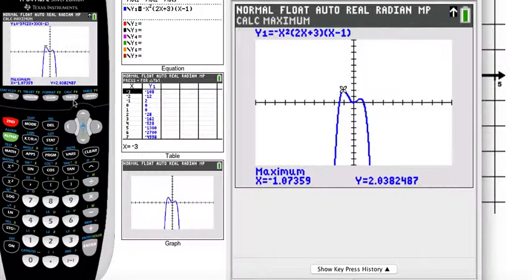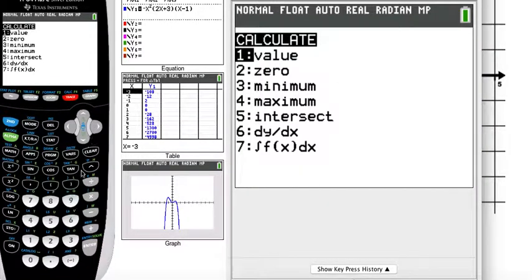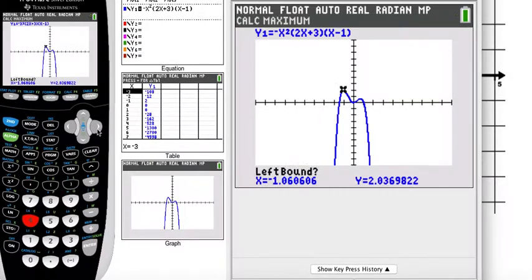Now let's go ahead and find the other local max. So that's 4. There I'm on the left side of the point that I want, someplace on the right side. Enter again. And 0.699, that 5 is going to round that 8 up to a 9. 0.647, that 8 is going to round that 6 up to a 7.